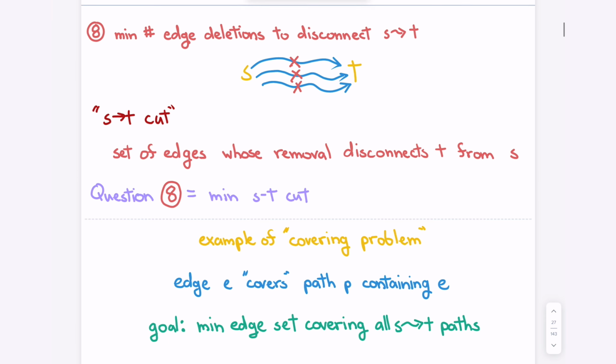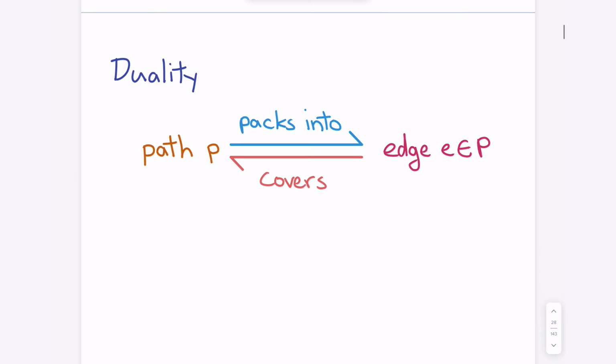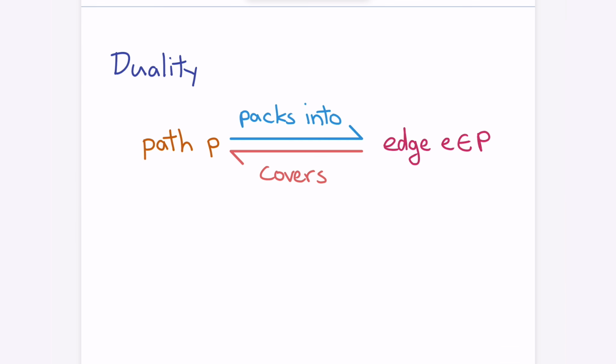And the minimum cut problem, I'm trying to remove some edges that disconnect S from T. I can think of that as a sort of dual covering problem, because for every path that goes from S to T, I have to take at least one edge. Just like set cover from before, now the sets correspond to the edges. I'm trying to cover the paths by making sure I take at least one edge from every path. In that sense, they're dual to each other. One's getting packed into the other.